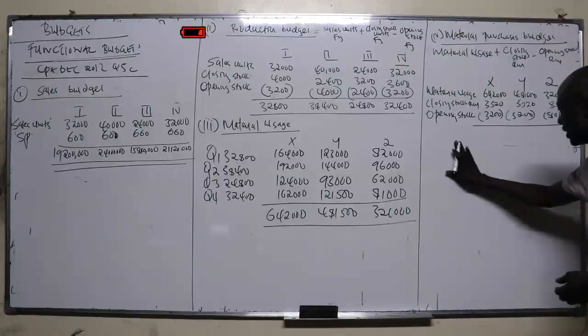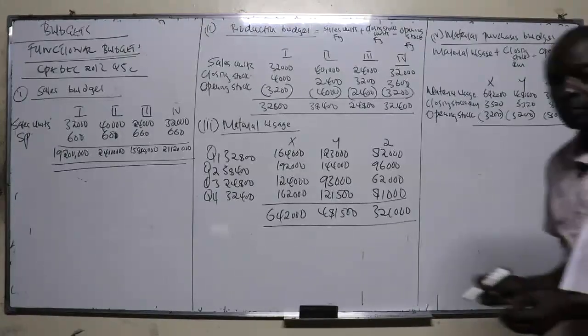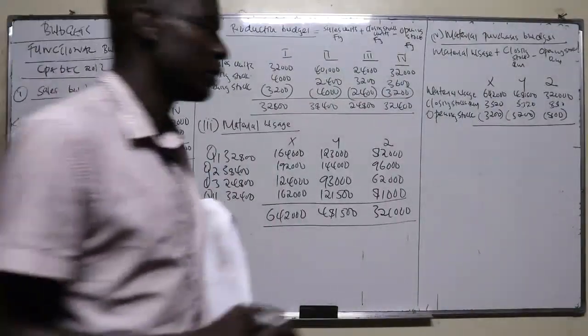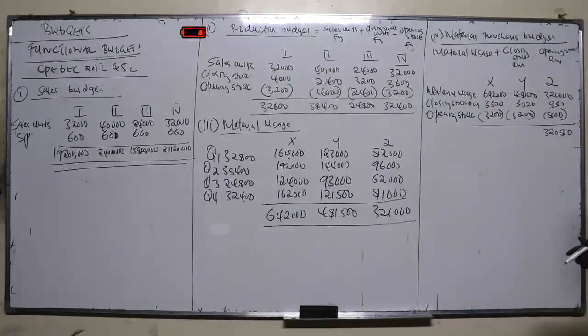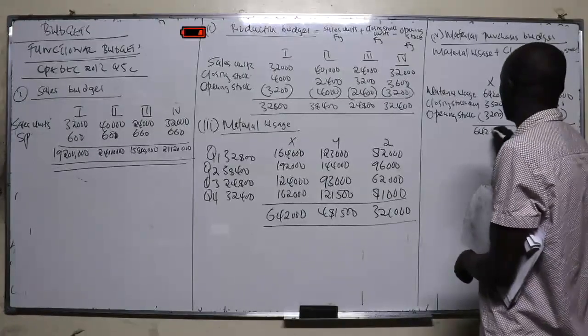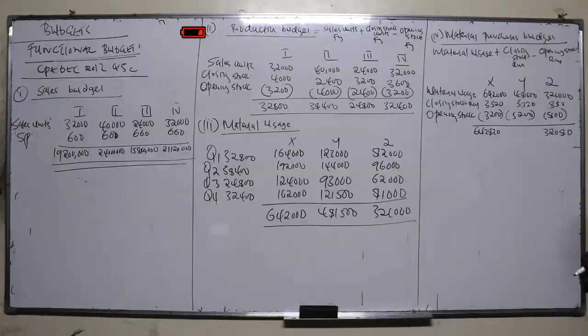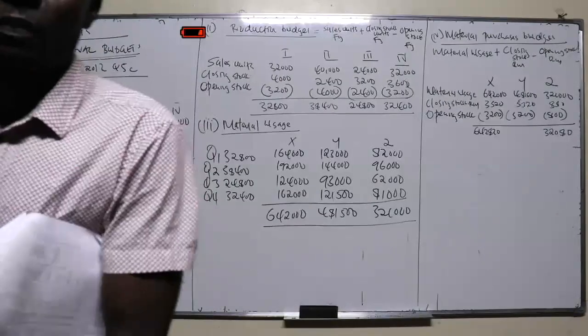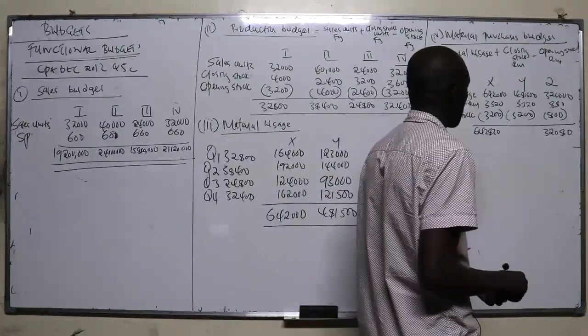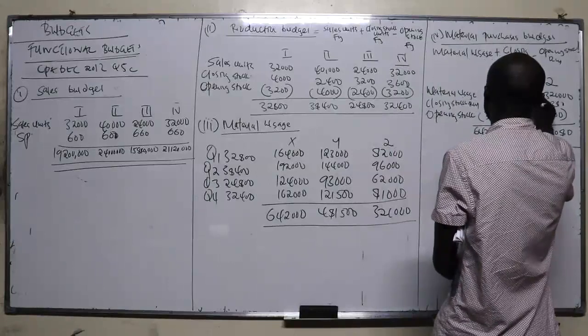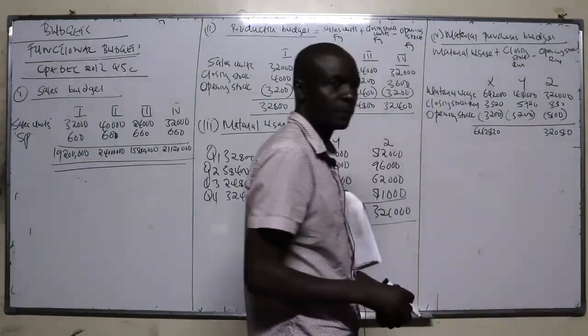So that is material purchases in quantity. 32,080, 642, this one is 482.